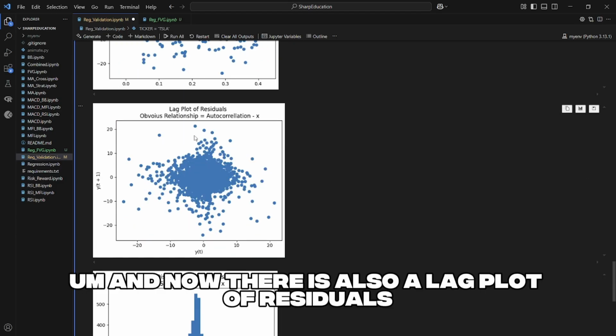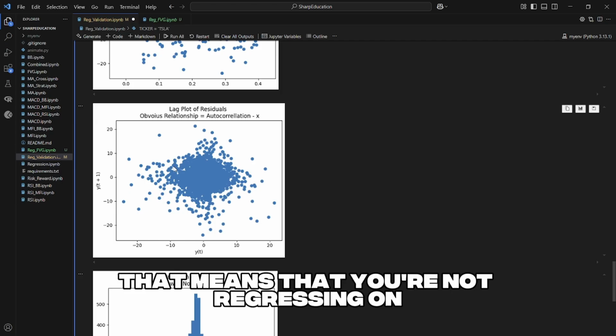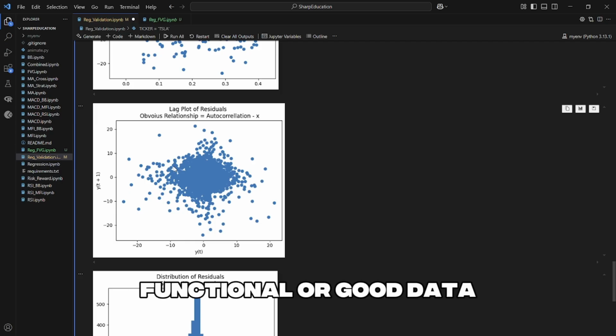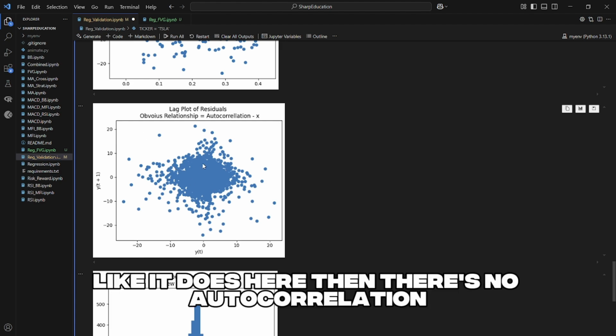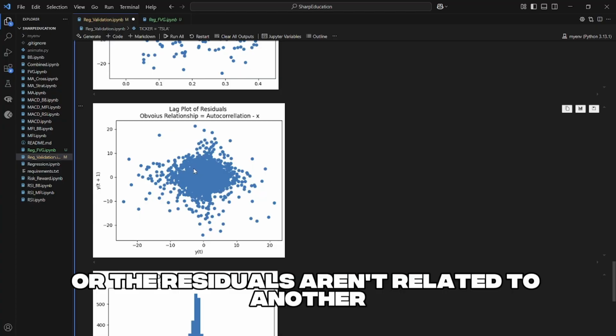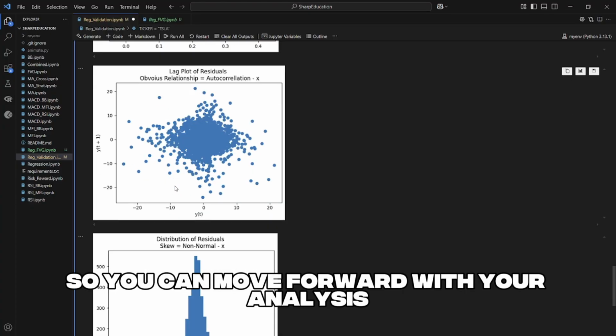And now there's also a lag plot of residuals. So if one error is correlated with the error afterwards, that means that you're not regressing on functional or good data. If your scatter plot looks pretty random, like it does here, then there's no autocorrelation, or the residuals aren't related to one another, so you can move forward with your analysis.